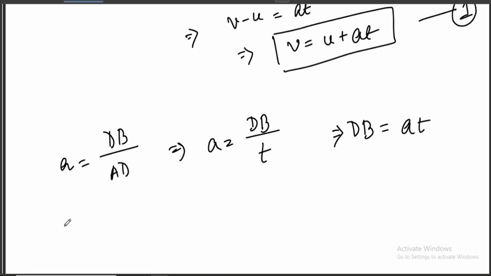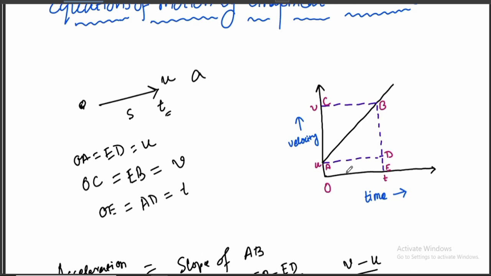Now if we want to find the distance traveled by the object from this velocity time graph, then we have to find the area under this curve. So distance traveled by the object in time t is the area of the trapezium OABE.